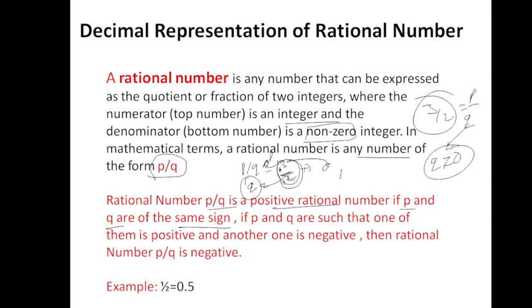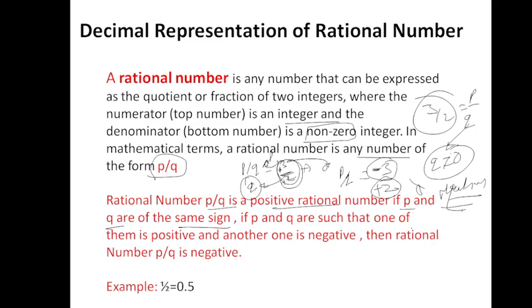If p and q have different signs, where one is positive and the other is negative, then the rational number is negative, like minus 3 by 2. Minus 3 has a negative sign and 2 has a positive sign, so both have different signs, so it is a negative number.